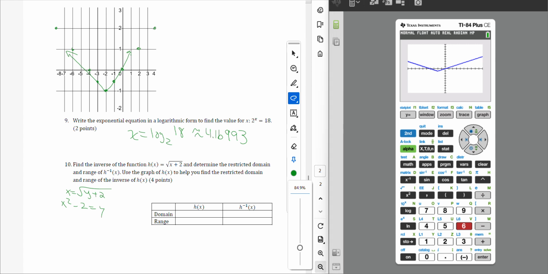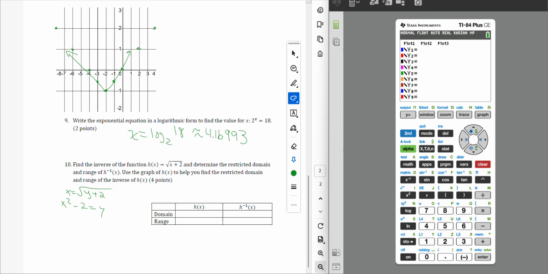So in the calculator, if I typed in the square root of x plus 2, right? Graph. All right. So I see that my domain here is that x is bigger than or equal to -2. And I see that my y values start at 0.